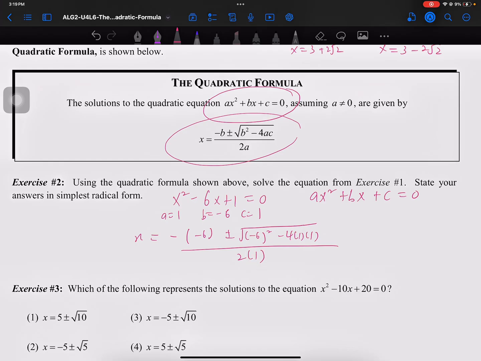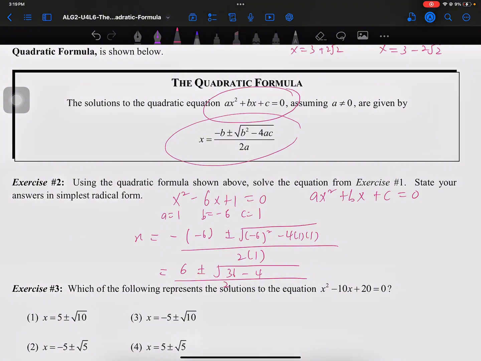Okay, then we can simplify it. Negative, negative, positive: 6 plus minus the square root of 6 squared, 36 minus 4, over 2.